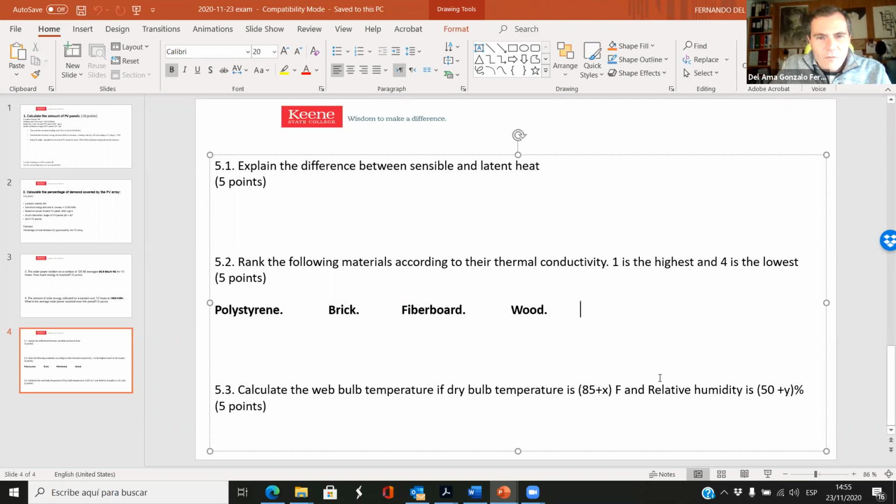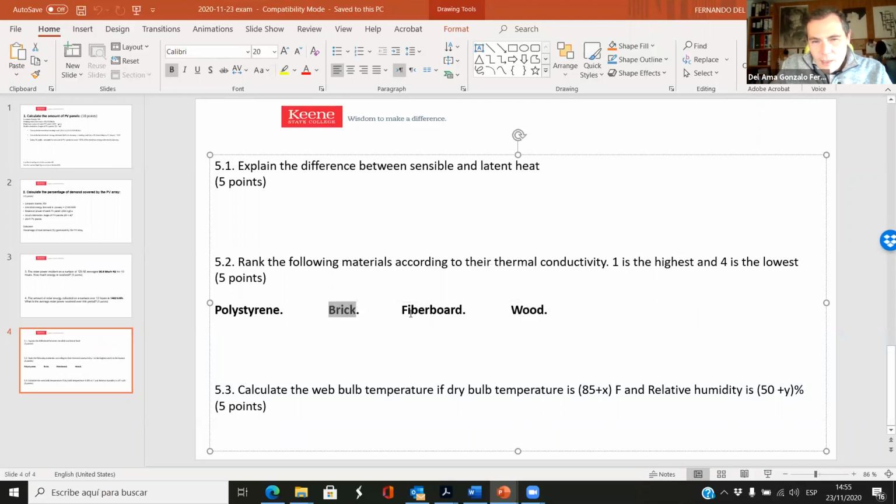Fiberboard, yes, because here we have two thermal insulation materials: polystyrene and fiberboard. Wood is not considered a thermal insulating material, and brick is not thermal insulating at all. So wood would be the third one, and brick would be the fourth.